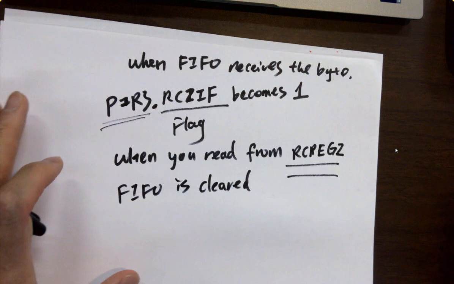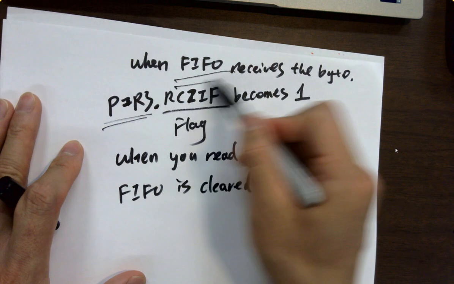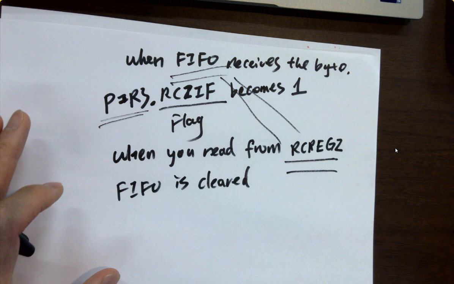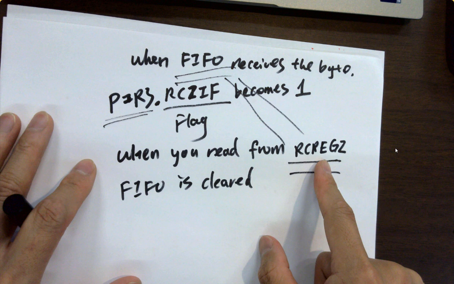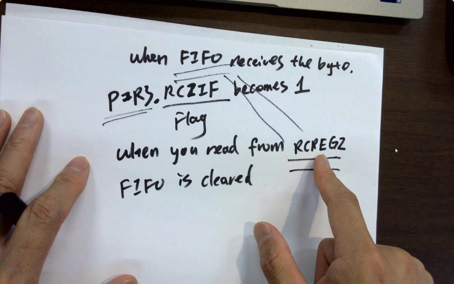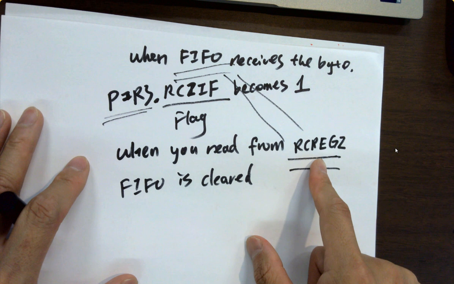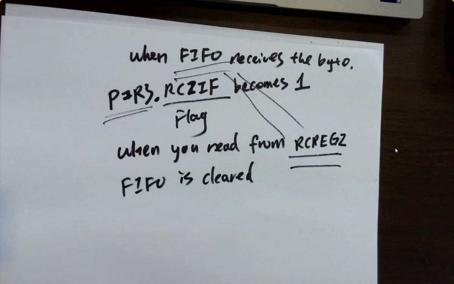It didn't show what the connection between this and the FIFO is. I couldn't see it. I don't know what the connections are. But the thing is, data being shifted in will be stored in here temporarily. And if you read from the receiving register, FIFO will be cleared. It's ready to receive another byte. This helps you answer the questions in the inLab. We don't need to know the details of the connections in the digital circuits.